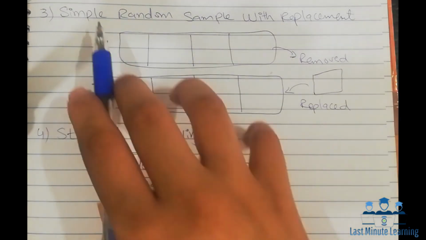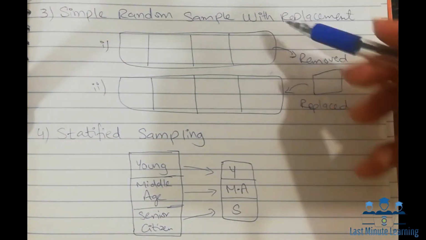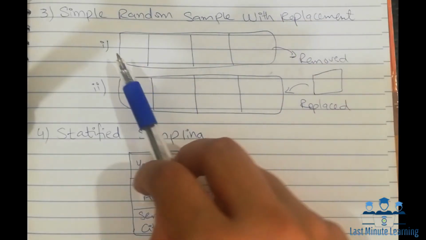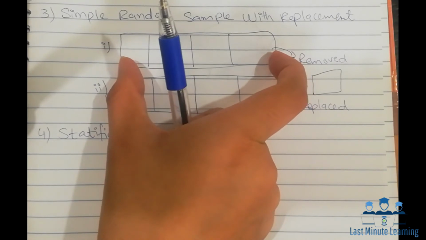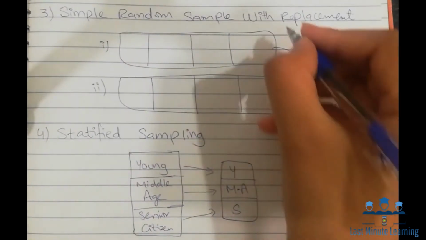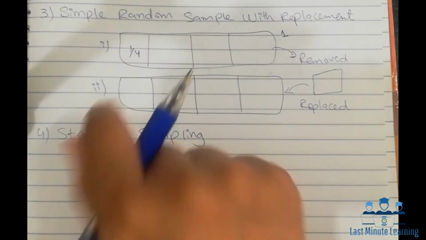Now the third is simple random sample with replacement. As told you earlier, that was without replacement. Now in this the data is this much. The total probability is 1, but each chunk's probability is 1 by 4.